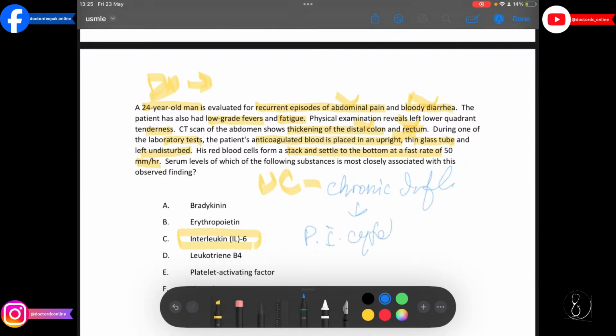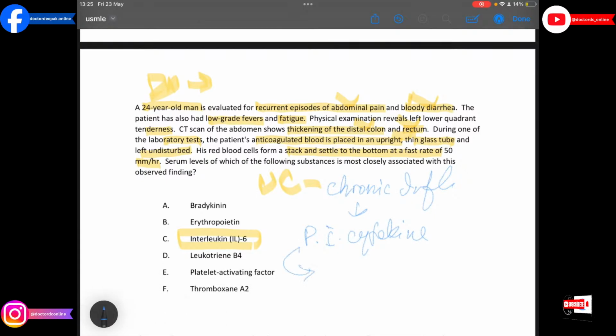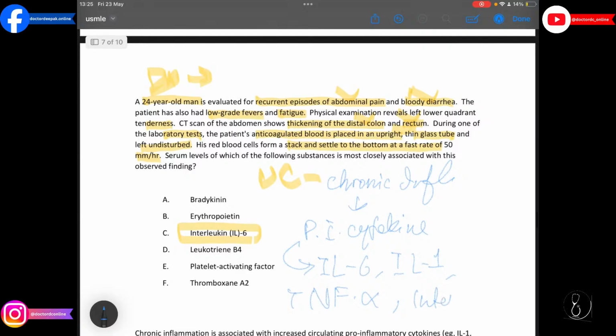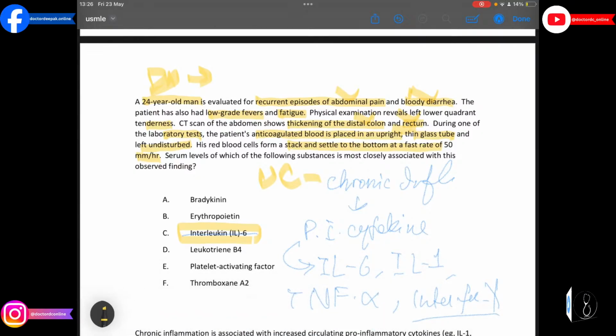Always remember that the pro-inflammatory cytokines include interleukin-6, interleukin-1, tumor necrosis factor alpha, and interferon gamma. Okay? So the answer is interleukin-6, because it is a chronic inflammatory condition.